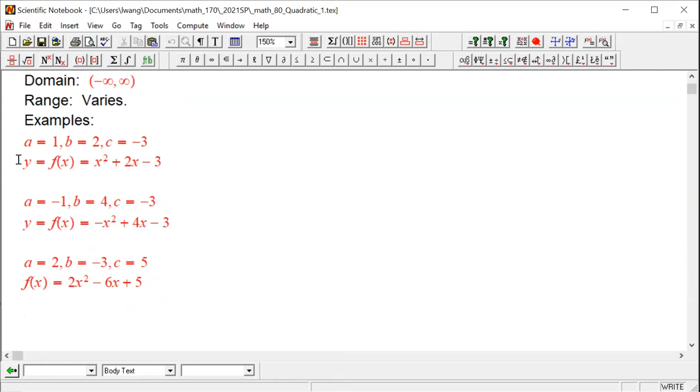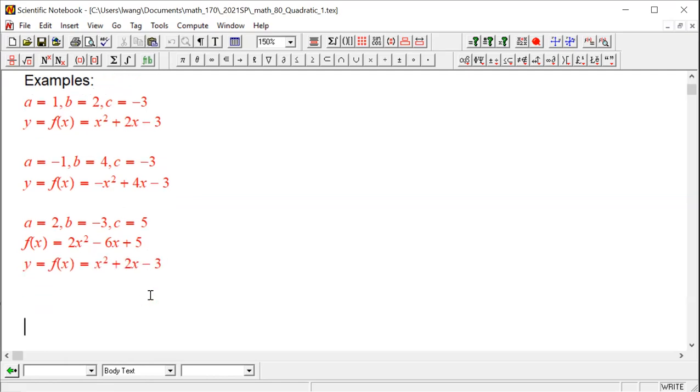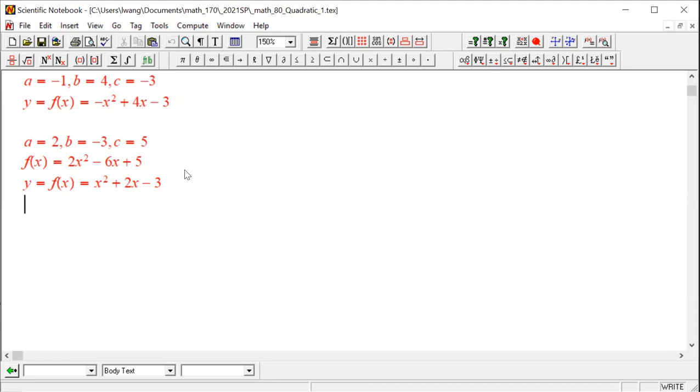Take the first one, for example. We want to determine the range of this quadratic function. Let's see how we do it. Example number 1: determine the range of the quadratic function.